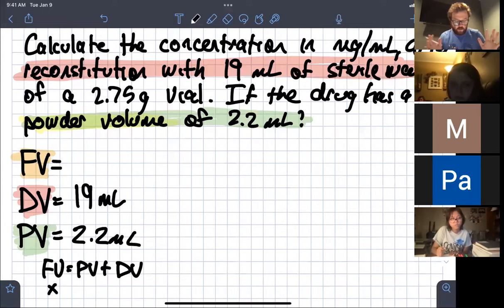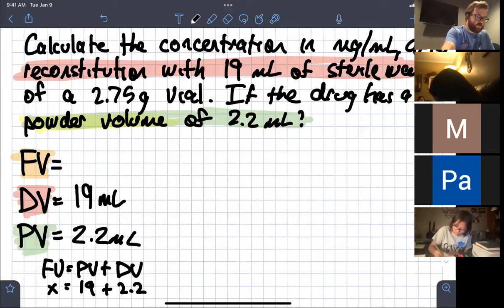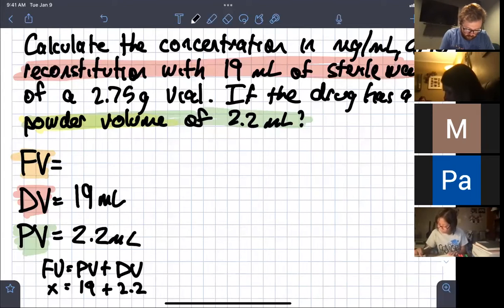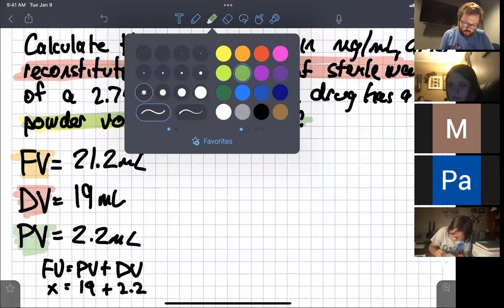Yes, I only have one variable. So go ahead and solve that with me. We have 19 plus 2.2. I just add those together and solve for my final. So that is 21.2. Did I do that right? Yeah. Okay. So 21.2, is that my final answer?